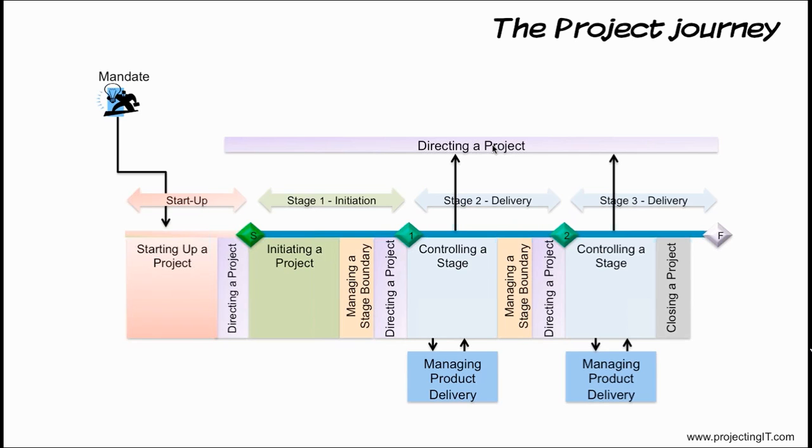Recall that the benefits review plan describes how the post-project benefits review will be conducted. It describes the unrealized benefits of the project and also the measurement activities to identify how the product performed in the operational life cycle.